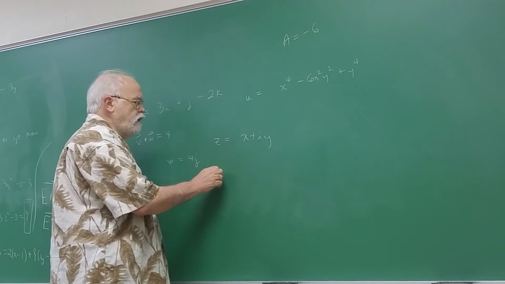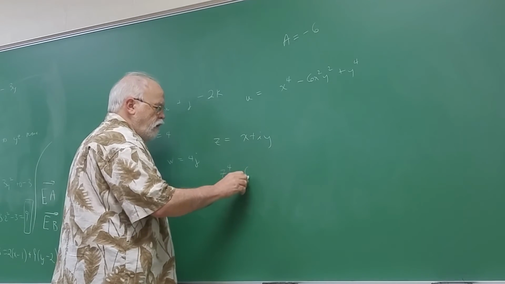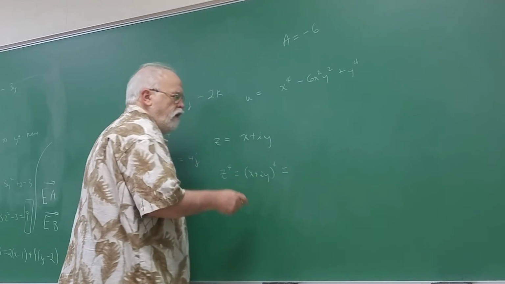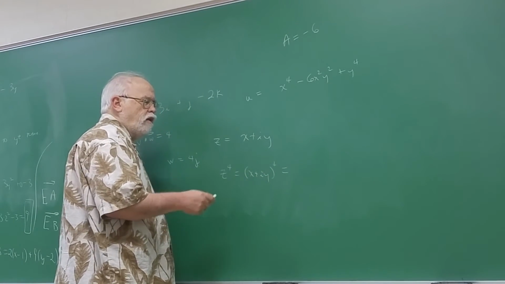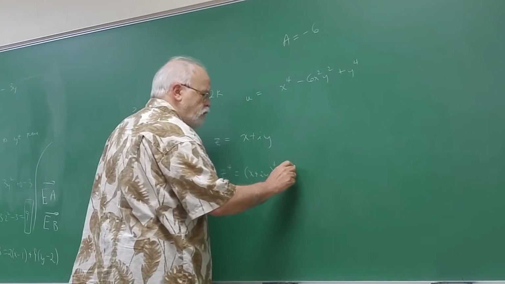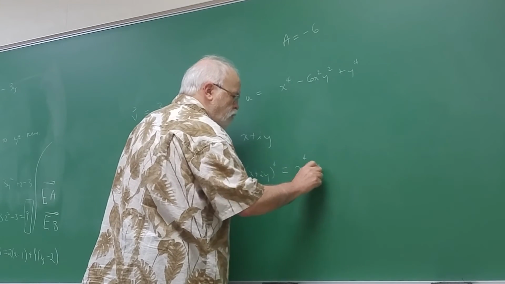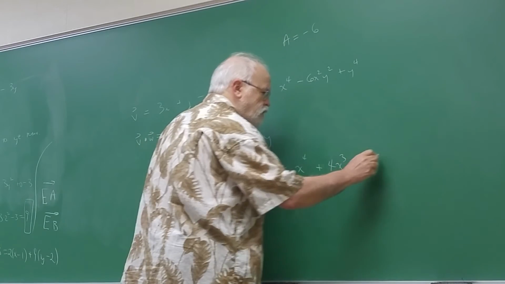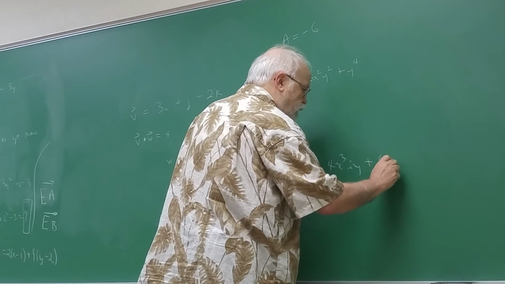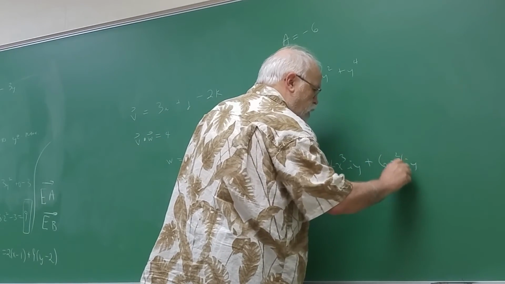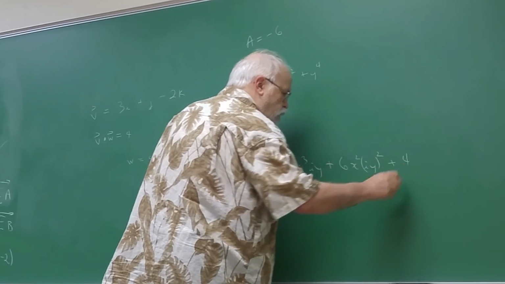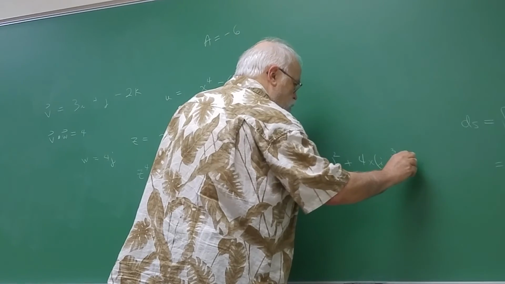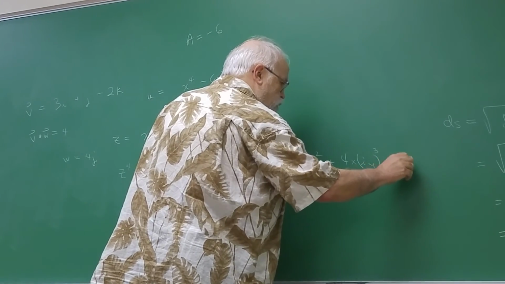Anyway, if I look at z to the fourth, x plus iy to the fourth, and if you know Pascal's triangle, great, otherwise it's a little slower to do this, but what you get is x to the fourth plus 4x cubed iy plus 6x squared iy squared plus 4x iy cubed plus iy to the fourth.